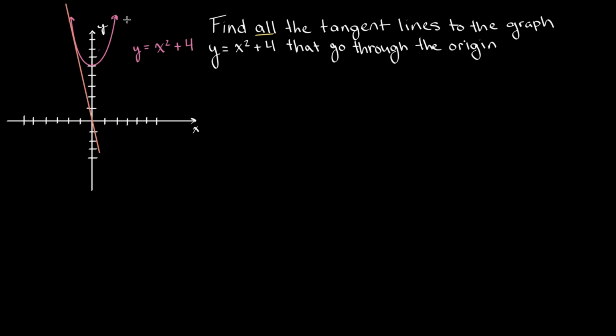And then I see another one on this other side. So my guess would say, all right, we're probably looking at two tangent lines that are going to be tangent to this graph and going through the origin, but we need to prove to see if this assumption, this guess, is true. So let's do that.